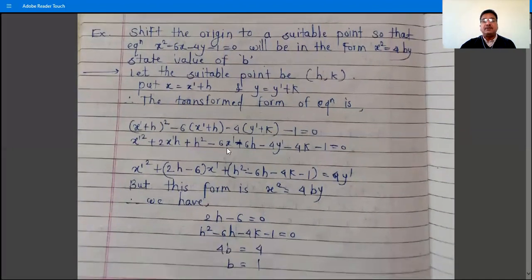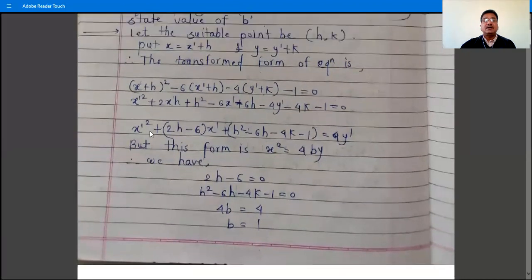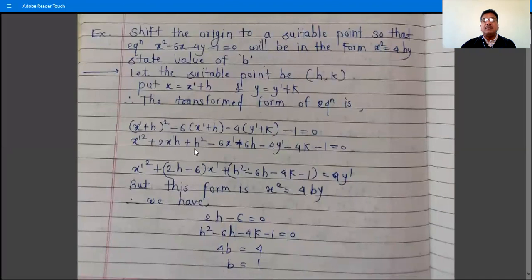After simplification, we have x'^2 plus in brackets (2h - 6) x' plus the constant term, which is h^2 - 6h - 4k - 1, equal to the term of y, which is -4y', shifted to the RHS, equal to 4y'. So we have to transform this equation to this form, x^2 = 4by.